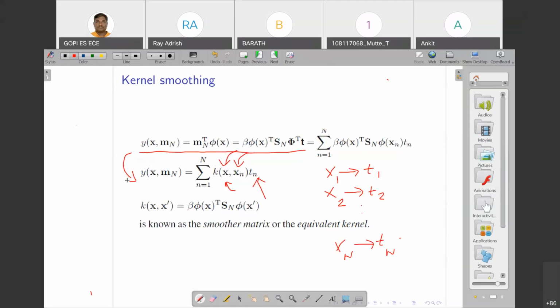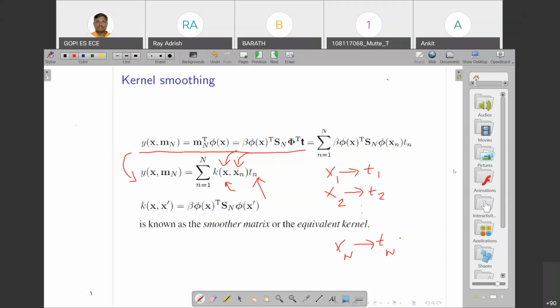The advantage of this technique is that we don't need a large number of basis functions. Instead, it is enough to have only the kernel function, rather than going for the basis functions.